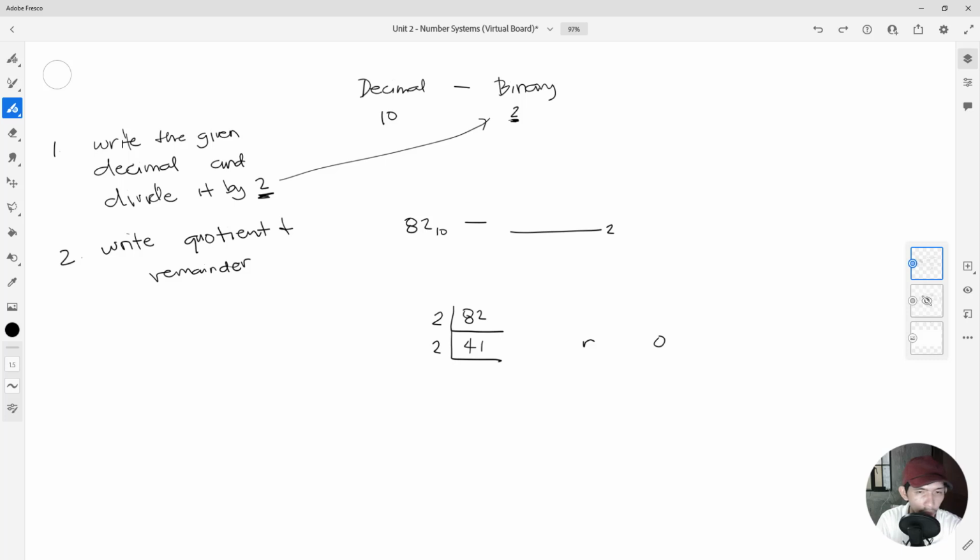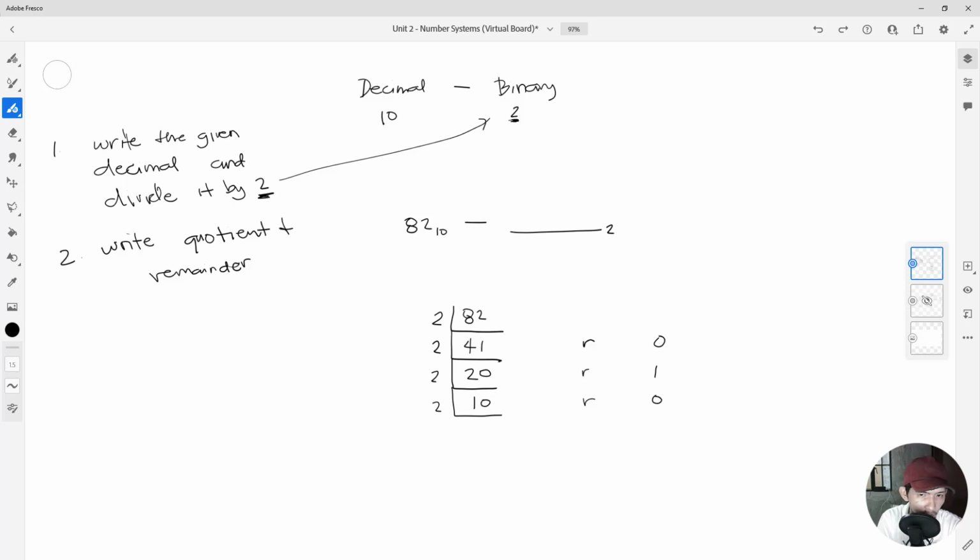41 divided by 2 is 20. And then, meron tayong remainder na 1. Okay? So, then, we're going to divide it by 2 again. Sakto siya, so bali 10. Quotient natin is 10, ang remainder niya is 0. Then, divide natin siya into 2 again.